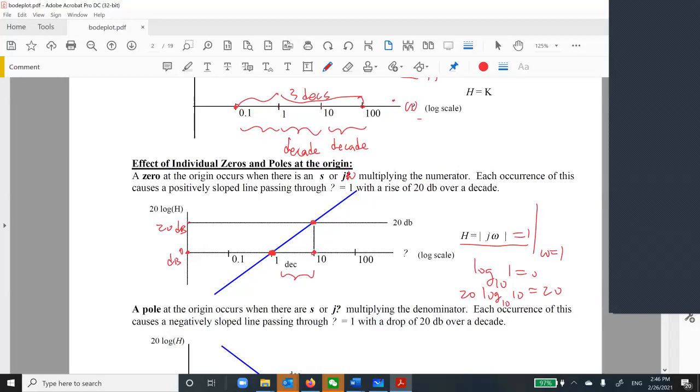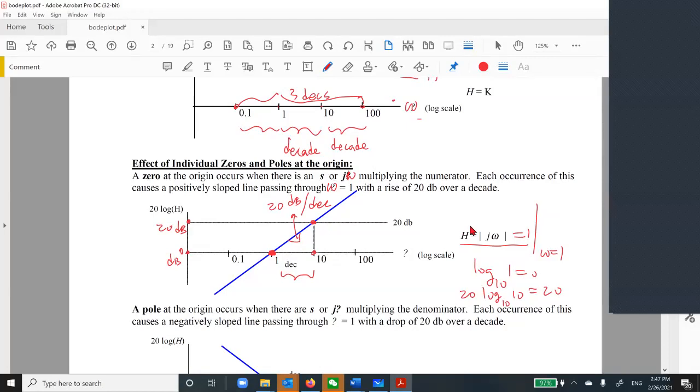So this slope is called 20 dB per decade, going through omega equal to 1. That's for a zero at the origin.